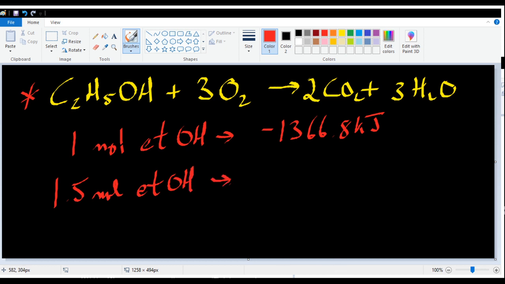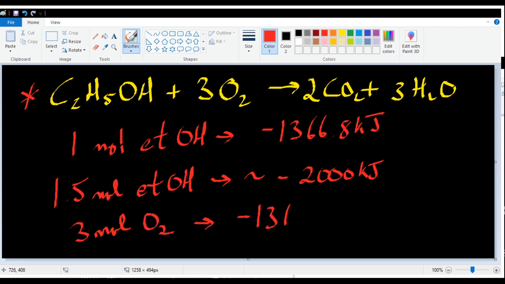If you were to burn 1.5 moles of ethanol, then it would release, let's see, somewhere around 2,000 kilojoules of energy. And if you were to burn enough ethanol to react with 3 moles of oxygen, that would be 1,366.8 kilojoules of energy released.